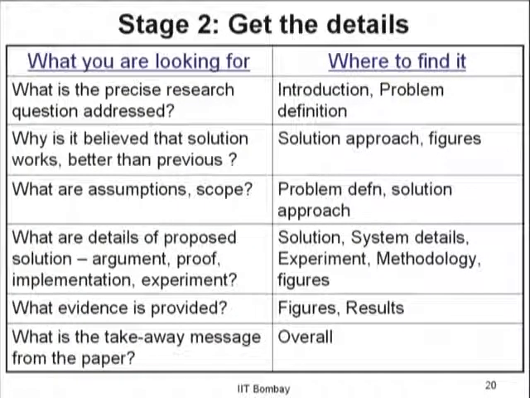What is the precise research question addressed? So far we were looking at the broad problem or the motivation. Now we are looking at a question that says research question, and the difference in this paper is the following.